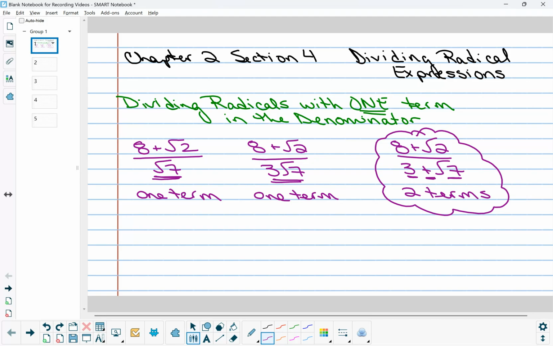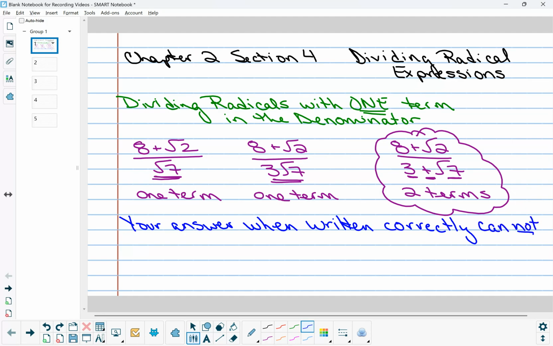So we're going to talk about how to deal with those, and what you're going to do with them, because when you write an answer to one of these problems, your answer, when written correctly, cannot have a radical in the denominator.